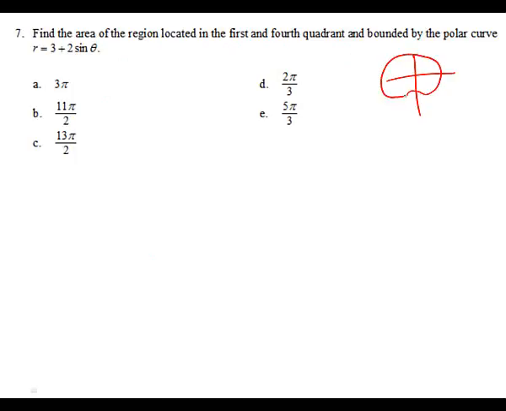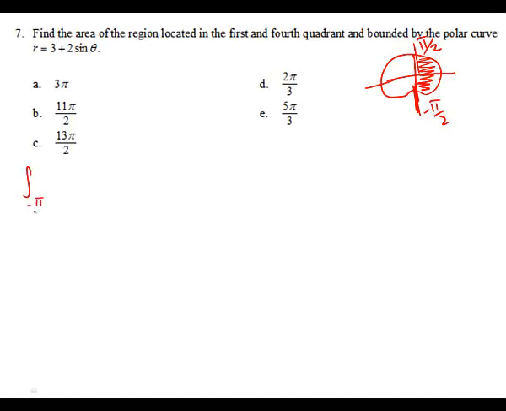I stole it out of a book. It looked like that. So it's symmetric. On the symmetric ones, we can trick it a little bit and just get half of it. So if I look at my limits on that, it starts where? Good, and it ends at pi over 2. Excellent.